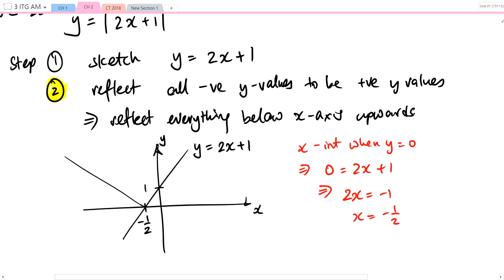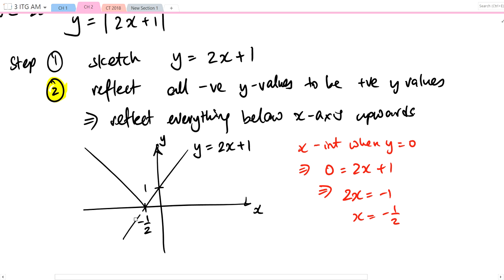Okay, so now I need to remove the portion that is below the x-axis, and I can do so by erasing these parts.